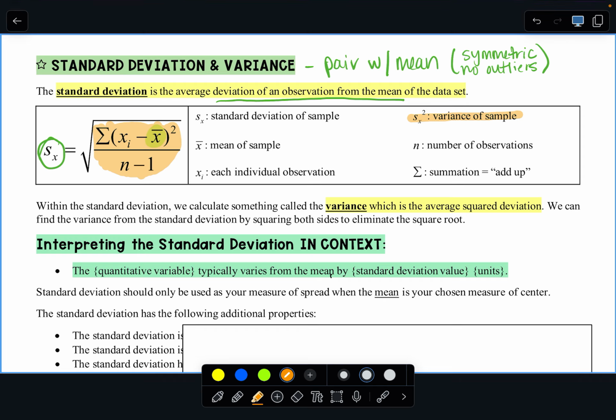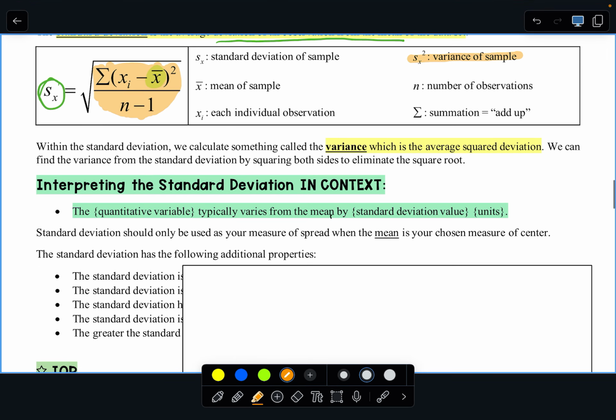So what we do is we square everything to put it all on an even playing field. And so sometimes they'll ask you, what is the variance of this data set? And all you have to do is square the standard deviation. They're not going to ask you anything too compelling about it, but they may just ask you what it is. And all it is is the standard deviation squared. So keep that in mind. Not a huge concept, but it is within the standard deviation itself.